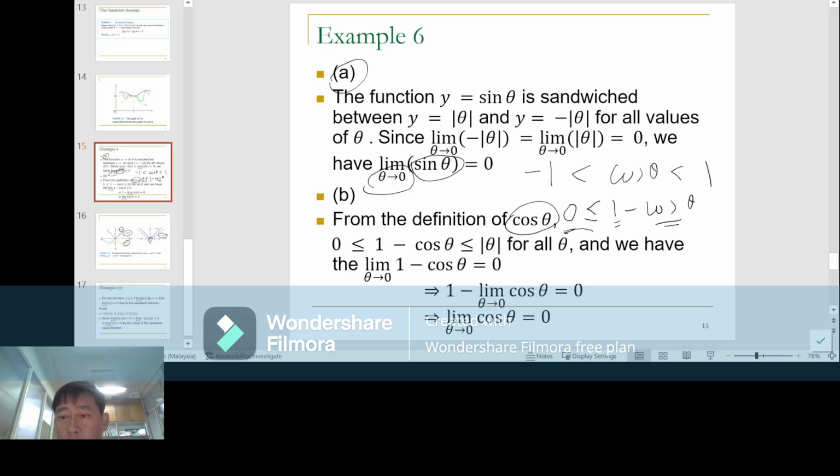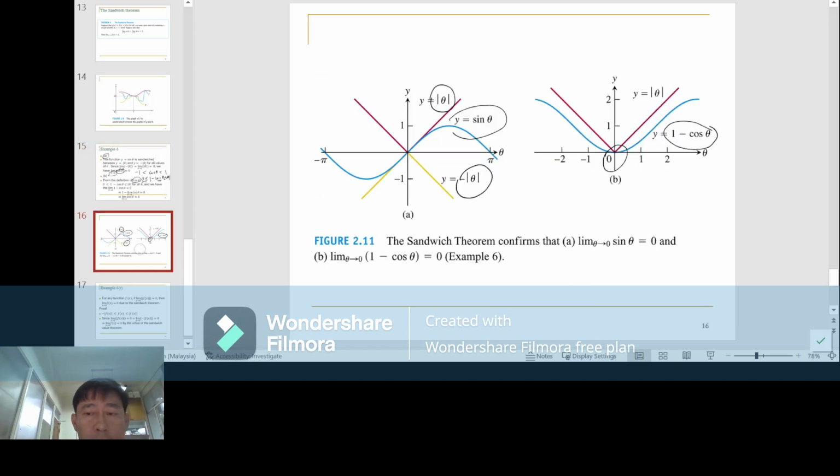Then what else? I can prove that 1 minus cos theta is always equal to or smaller than the absolute value of theta. If you were to represent this on a graph, this is 1 minus cos theta, and this is y equals to 0.